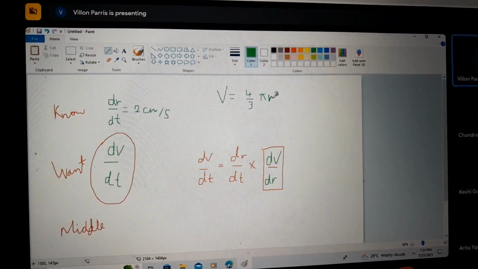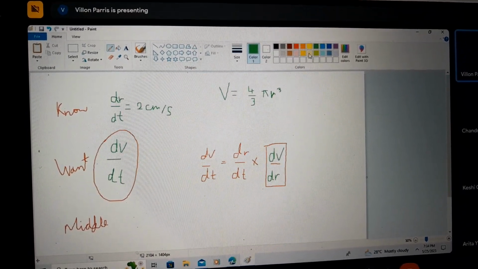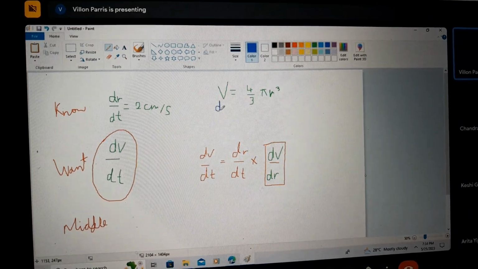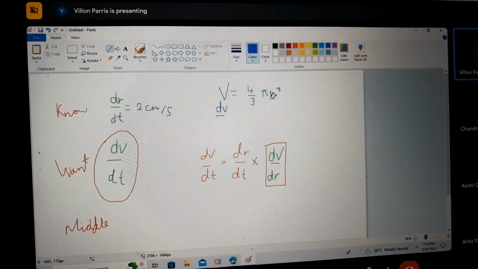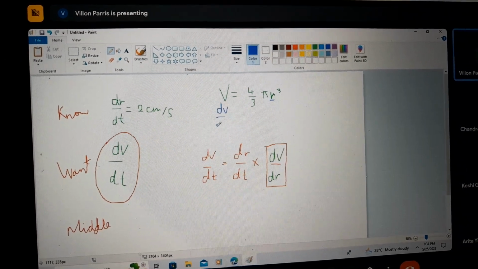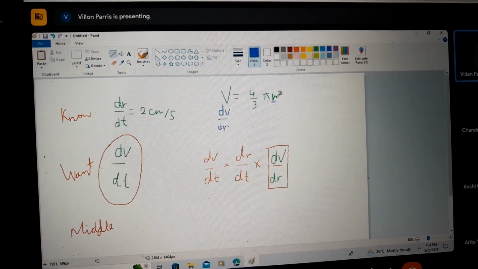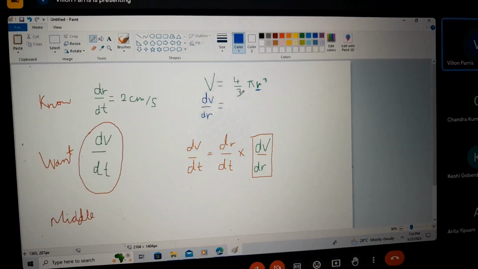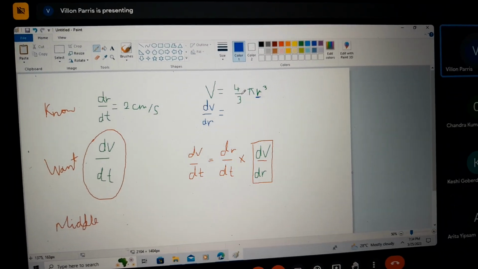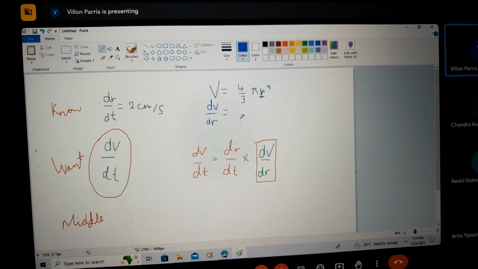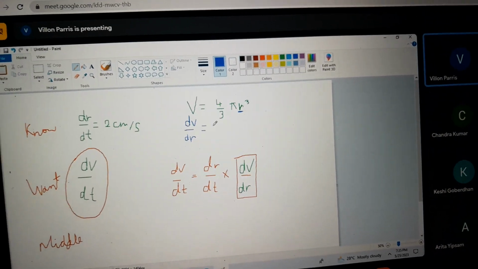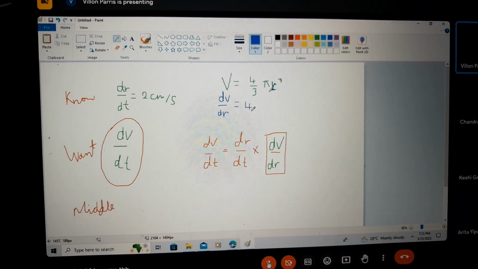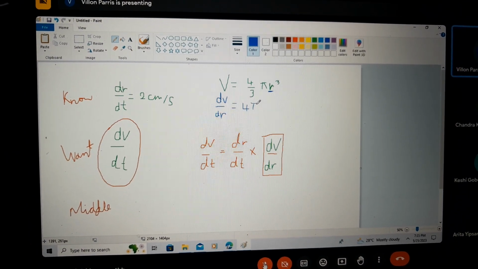Now, if I differentiate this volume formula, I'll get dv with respect to r. So if I use r as my variable, I'll get dv dr. So using r as our variable, what's the power of r? I multiply by 3. So when I multiply 4/3 by 3, what will I get? 4, sir. 4. I put back pi because pi is a constant, so it's 4 pi.